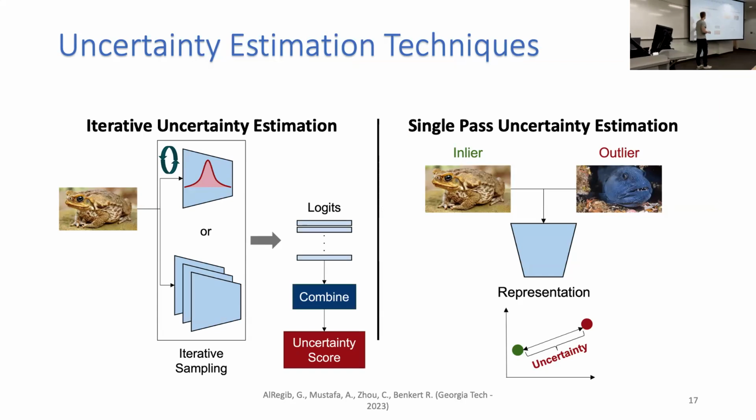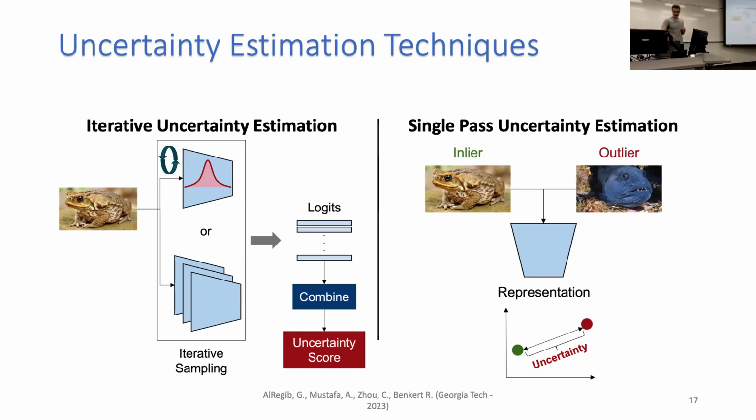Iterative methods estimate uncertainty by passing the same image through a bunch of different models or through a single model, meaning we iteratively estimate uncertainty by evaluating predictions a bunch of times. Single pass uncertainty is the extension of this, by just passing it through the neural network in a single shot and estimating uncertainty. Those are the two main blocks I want to discuss today.